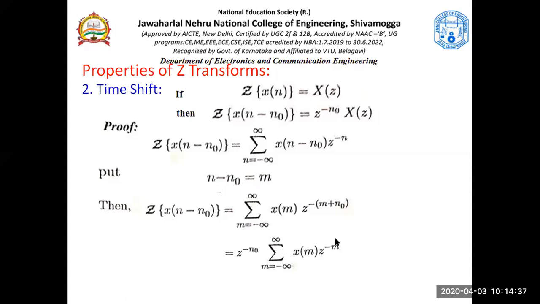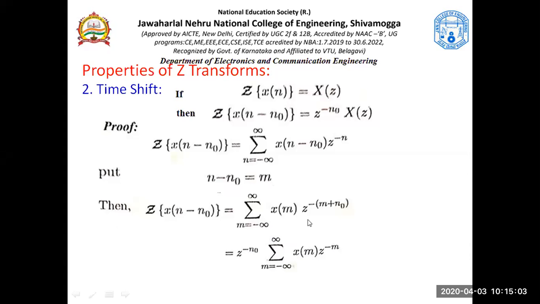So if you bring that z to the power of minus n naught out, we'll be left with z to the power of minus m. Now, how does this equation look like? Leave this z to the power of minus n naught. Just see this. This is a standard equation for Z transform. Instead of n, we have come across m. That's it. The alphabet that we used is changed.